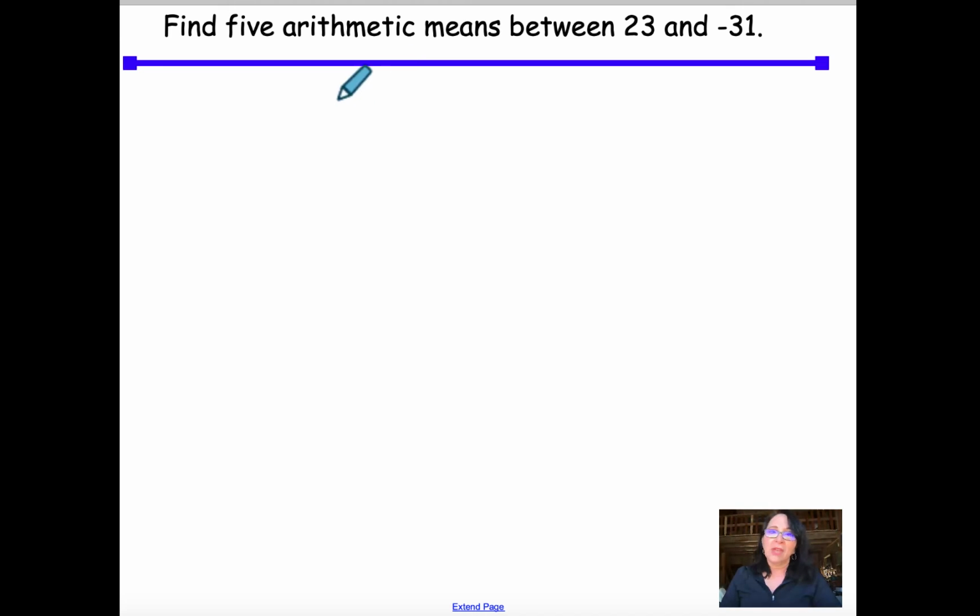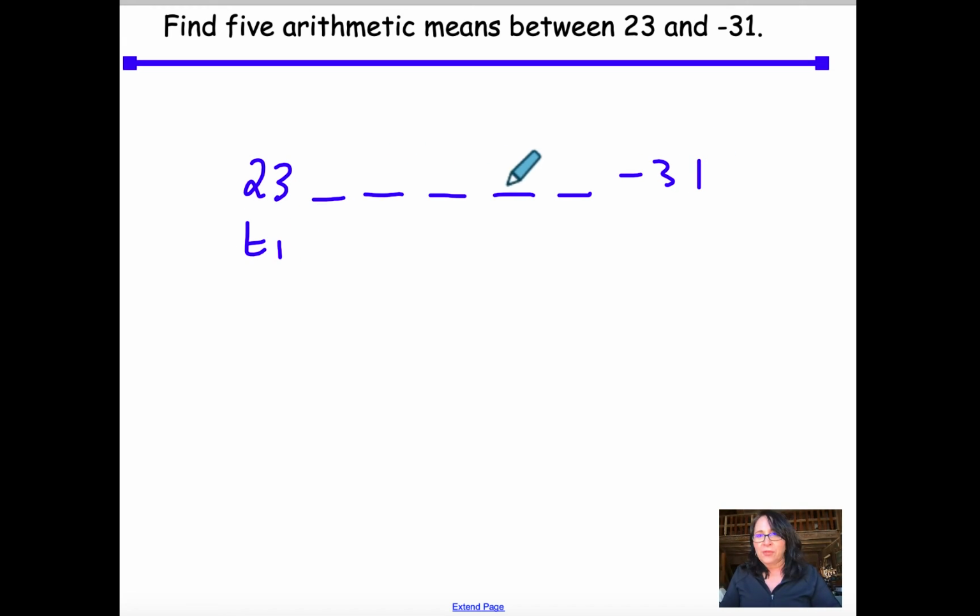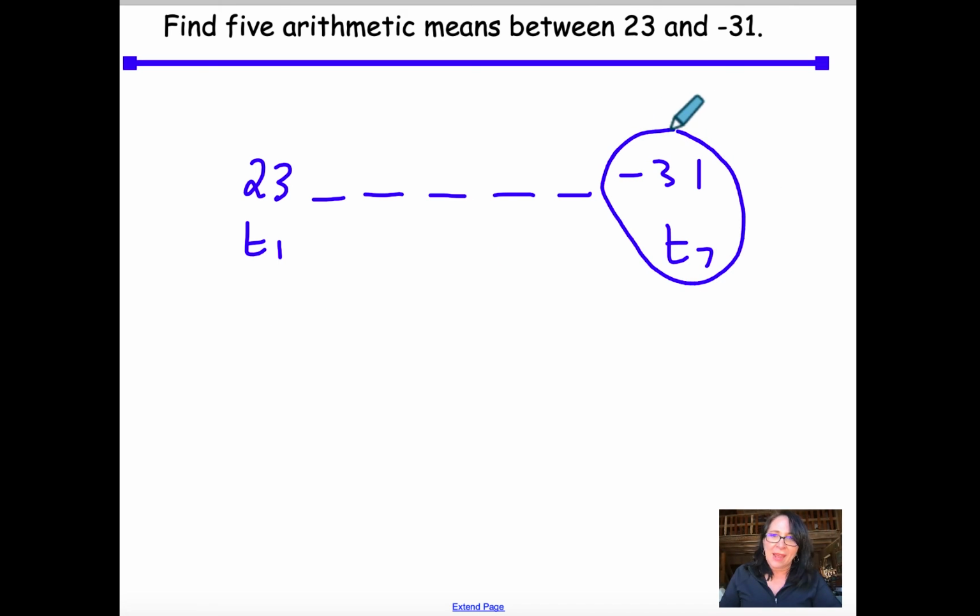Again, one last problem for this. Find 5 arithmetic means between 23, so 1, 2, 3, 4, 5, and negative 31. So again, first term, second, third, fourth, fifth, sixth, seventh term. So this is my seventh term. So I'm looking at T of 7. This right here is the T of n that I know.